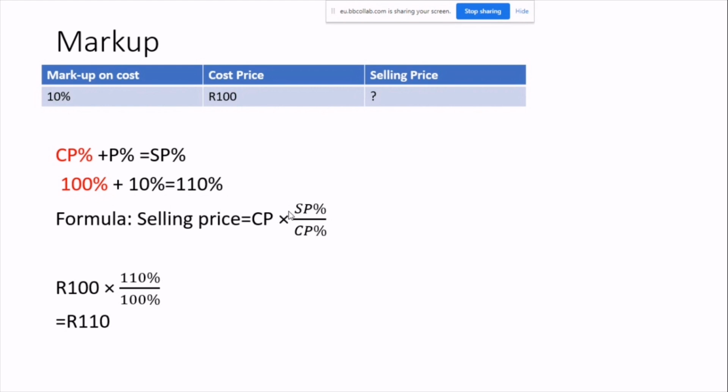Multiply, let's go back to the formula, multiply by SP. When we look at SP, it says 110%. So multiply by 110%, divide by our CP. And our CP, like I said, is always 100% when we're dealing with markup on cost. And then your answer would be 110.